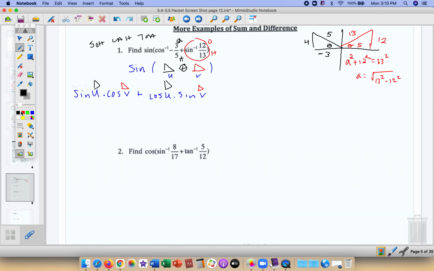So for the first part, what's the sine of the black triangle? So sine is opposite over hypotenuse, so 4/5. And then once we have that, we're going to find the cosine of the red triangle, so adjacent over hypotenuse of the red, so 5/13.